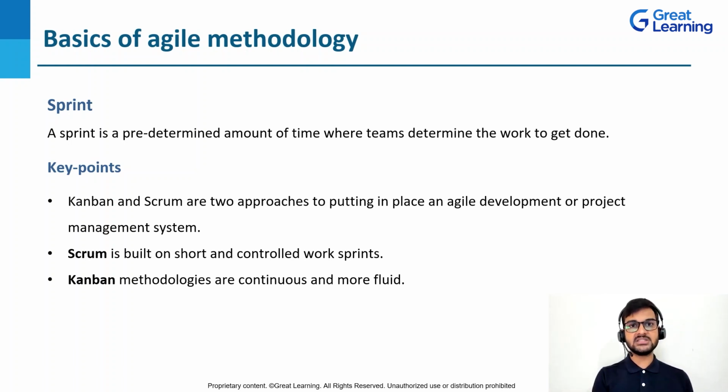There's one task which is in to do, that one task is in progress, and at the same time we are getting one more task. So it's more fluid. It does not have any specified sprints. That is the difference between these two frameworks. The only difference is of sprints. So in Scrum we have sprints, in Kanban we do not have sprints.